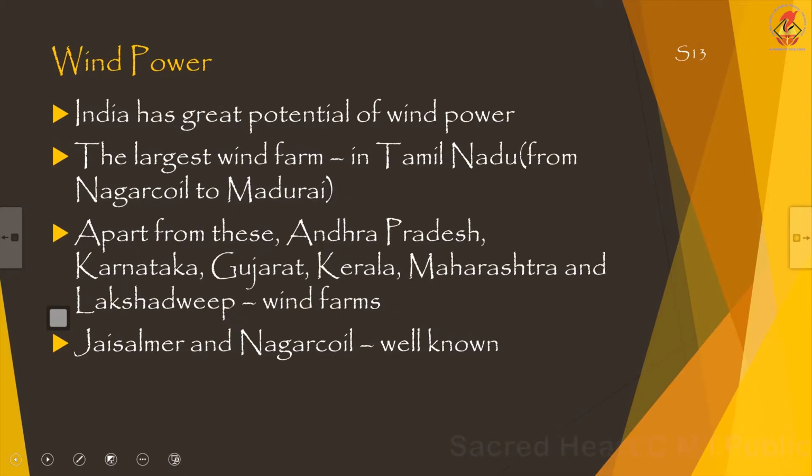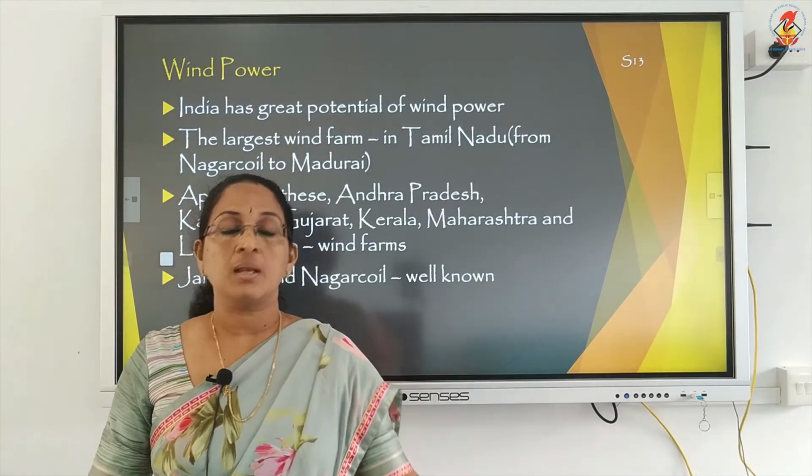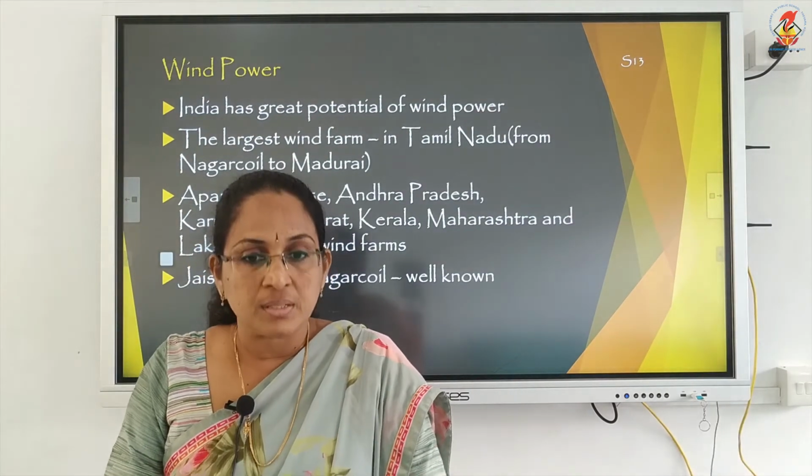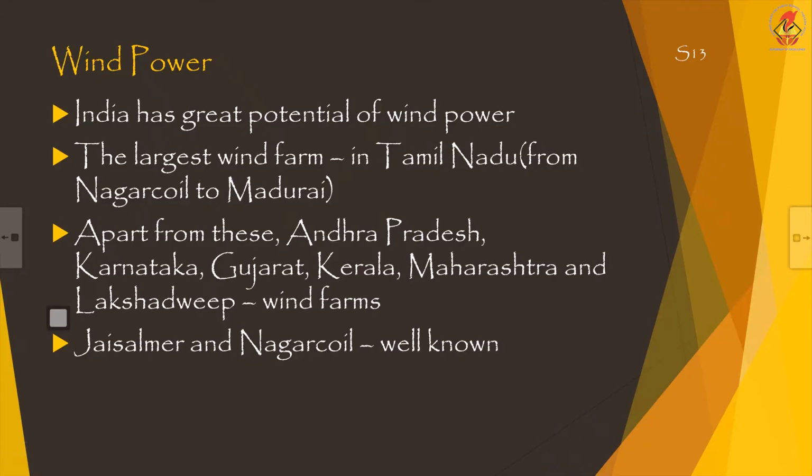Move on to the third non-conventional source of energy. It is wind power, wind energy. India has enormous potential of wind energy or wind power, children, and the largest wind farm is located in Tamil Nadu from Nagarkol to Madurai, the largest wind farm in India.